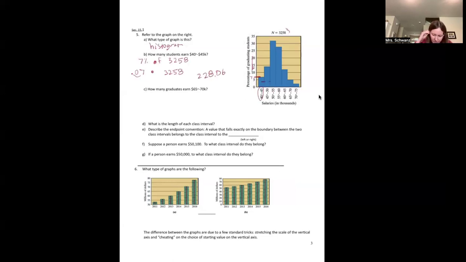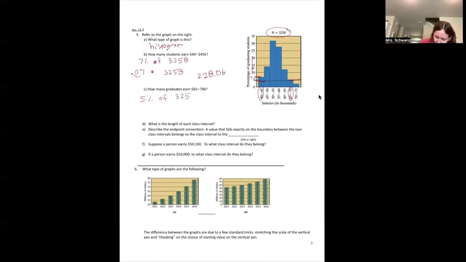Okay, then how many graduates earn between, oh, these are graduates. Okay, just noticing. How many graduates earn between $65,000 and $70,000? So between 65 and 70, this is going to be easier because it's right on the black line. So that's 5%. So I need to find 5% of the total number of graduates, which they tell us is the large N, the total number of people they took information from in this study.